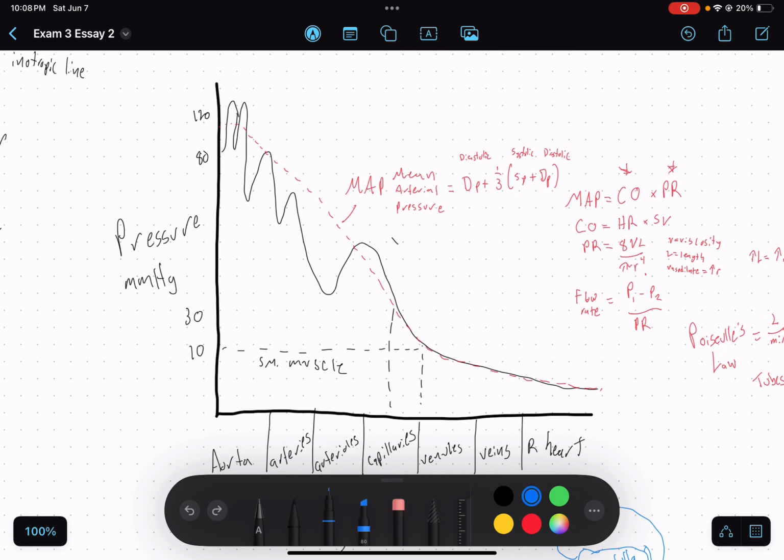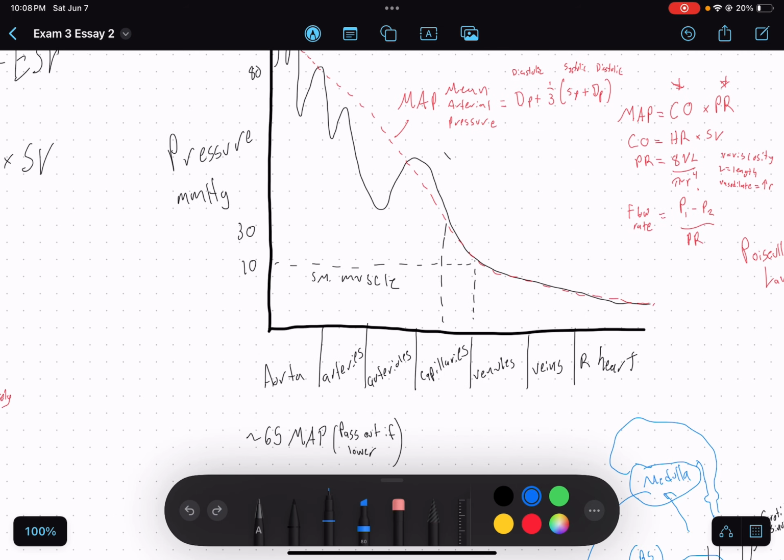So what this is, it's the pressure within the arteries and things where it flows out to the body and then back to the heart. So all through the vessels.